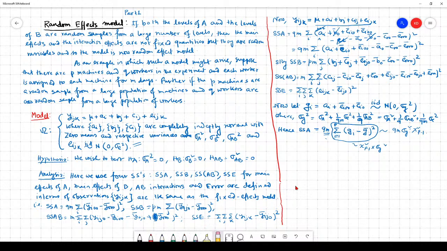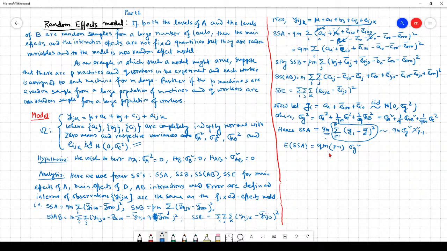So therefore the expectation of SSA is equal to qm sigma g square chi square with p minus 1 degrees of freedom. Because we know the expectation of chi square p minus 1 is p minus 1, and then sigma g square.